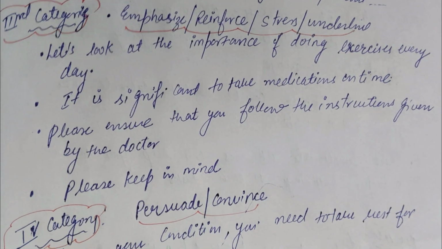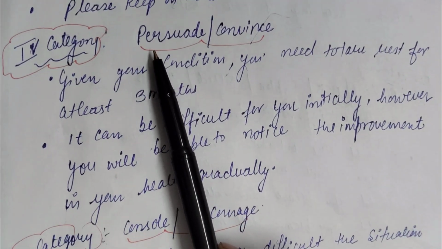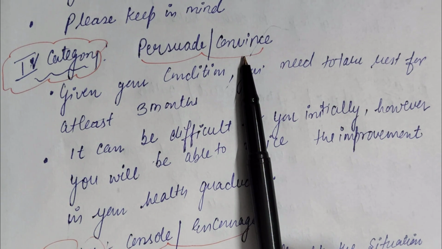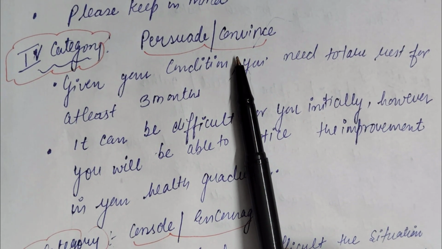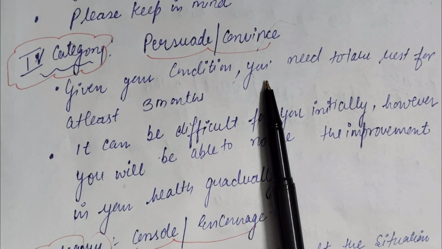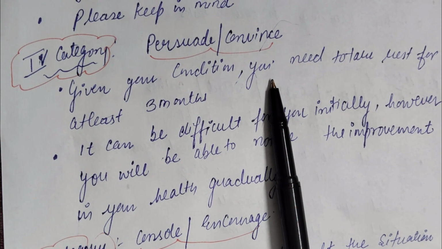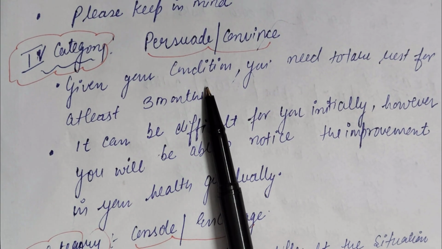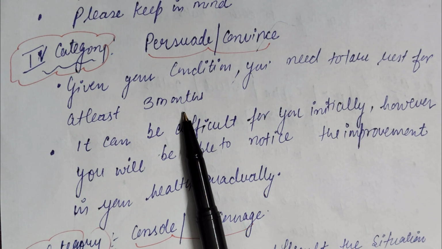Okay. Next is the fifth category, or fifth set. In this, the verbs are persuade or convince. Means we mainly try to motivate the patient so that he or she can do what the nurse or doctor suggests. So the first phrase is: given your condition, you need to take rest for at least 3 months.